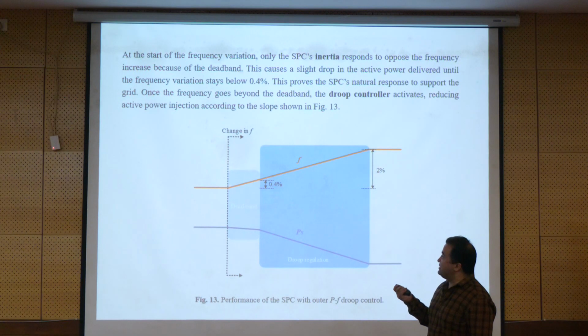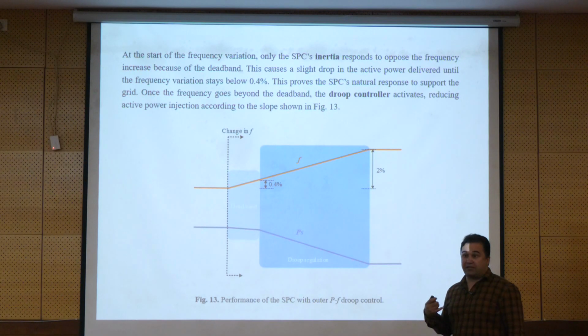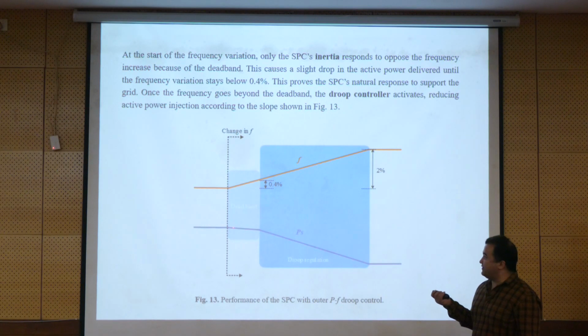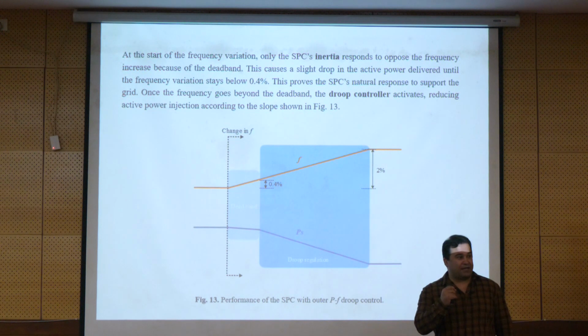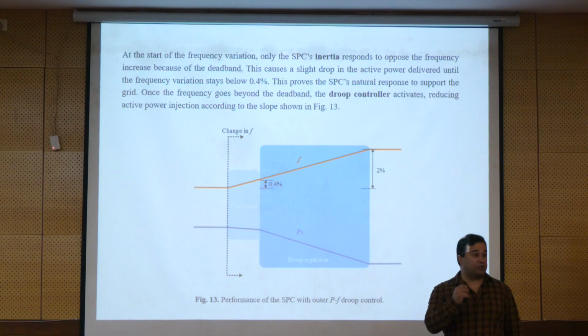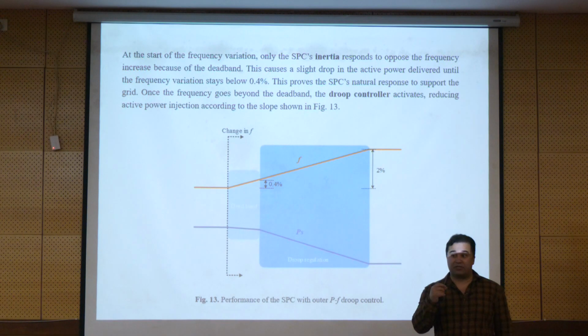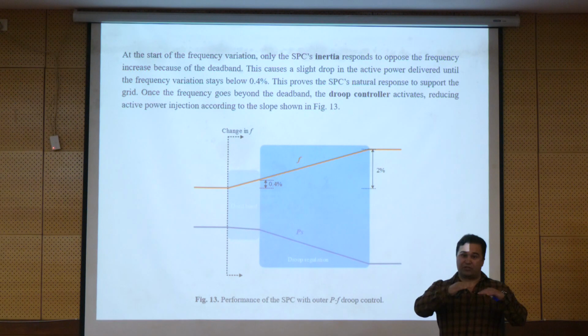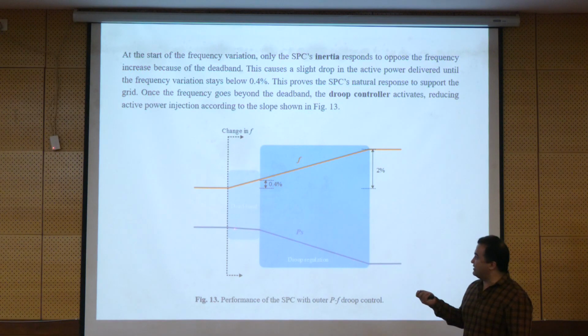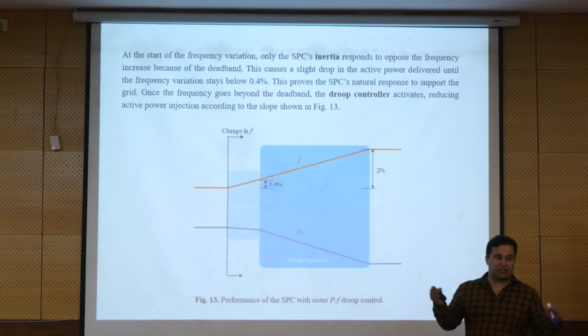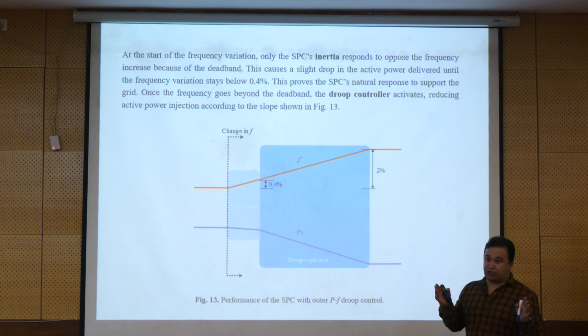But when the frequency is changing, we reach the dead band, and we see that the active power fluctuates a little bit, and this is because of the inertia. It is not because of the power changes, because inertia can damp the changes. So you see a little bit of change happening here, but it is not sensible. If it doesn't change, you are still in the right position.